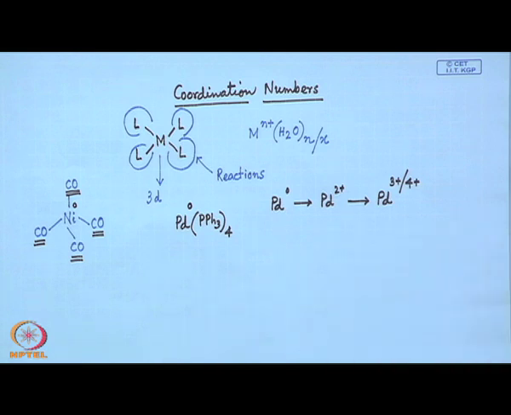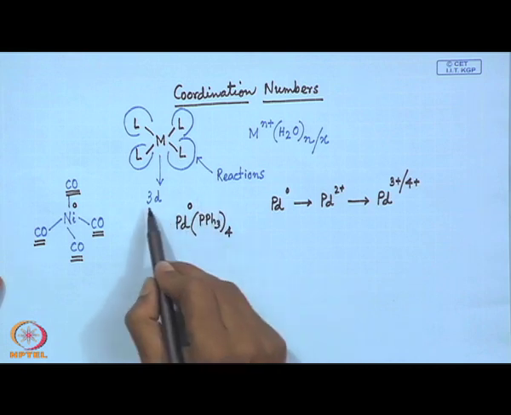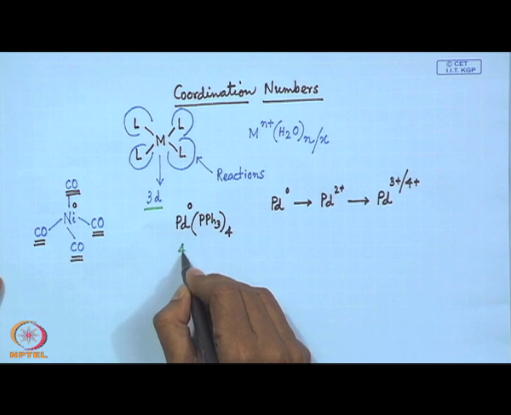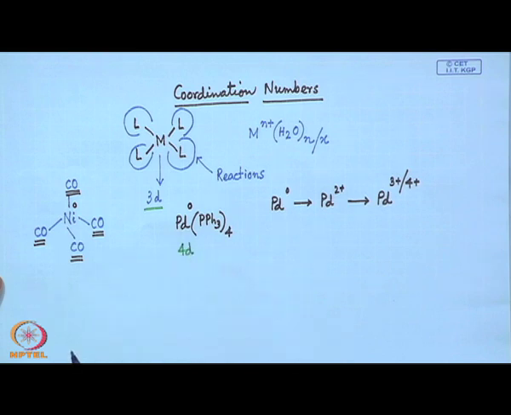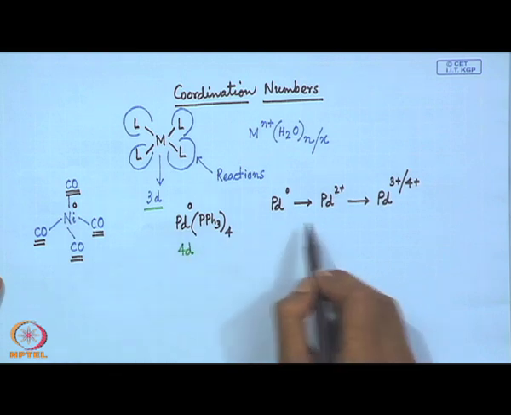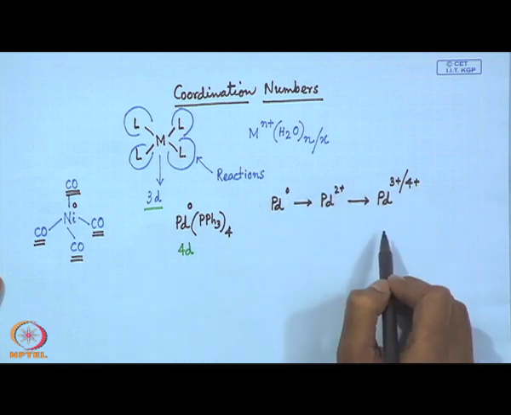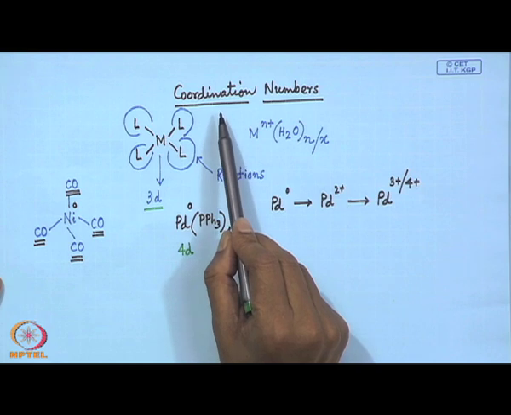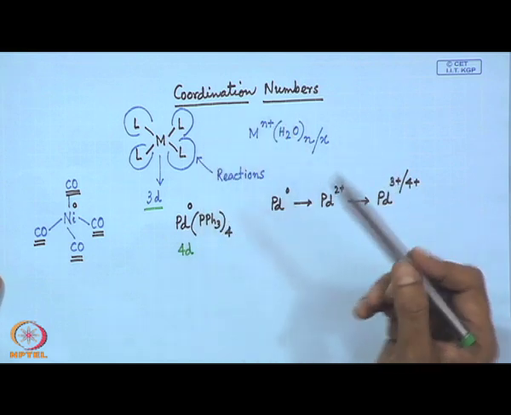So, in terms of the corresponding electron transfer behavior centered on this palladium, that means the d electron configuration, which is now in the 4d level, how the reactivity of this particular center can be manipulated when we concentrate our attention on this particular aspect, that means the coordination numbers.